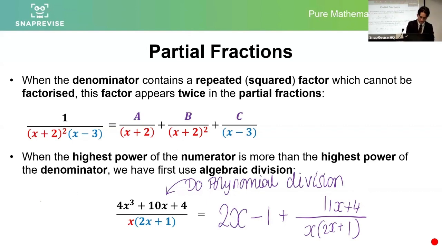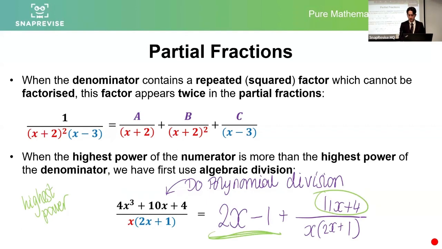If we look at the powers, hopefully you all know what I'm talking about with this being improper. The highest power on the top is 3. The highest power on the bottom is 2. This is definitely improper, so you're going to do polynomial division. What you find is this is the quotient part and this is the remainder.